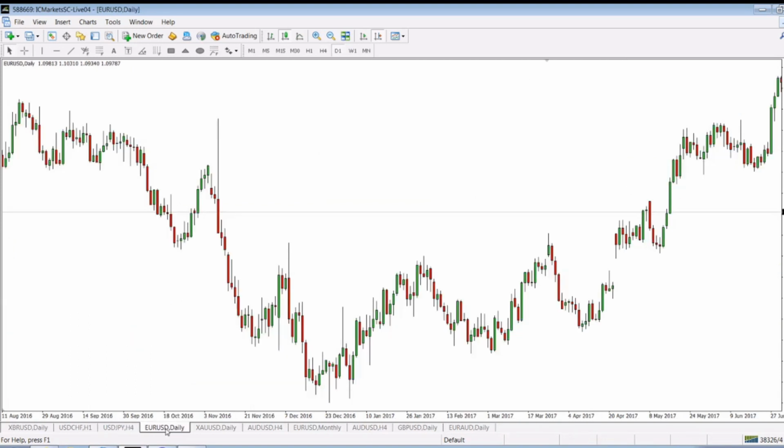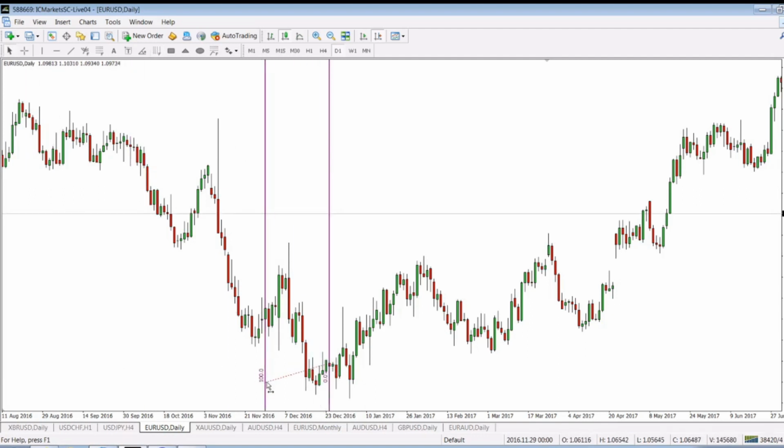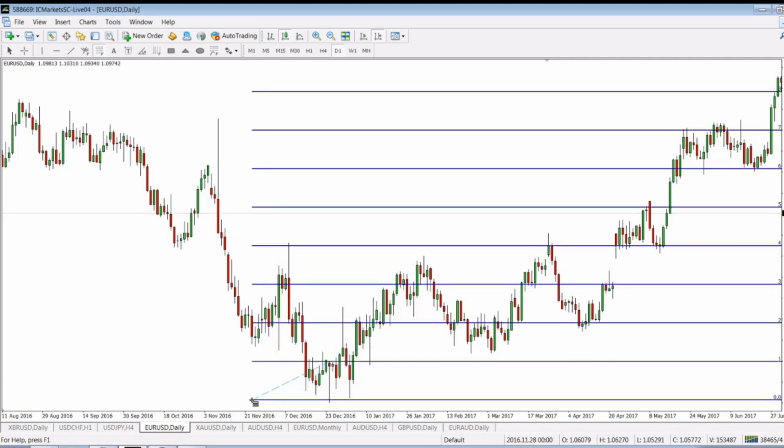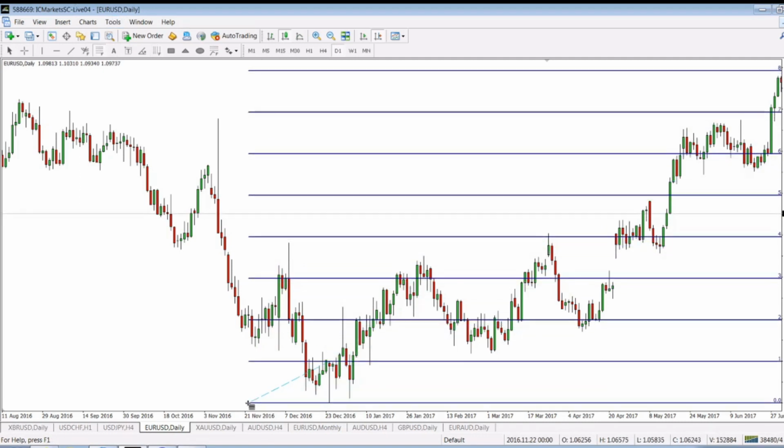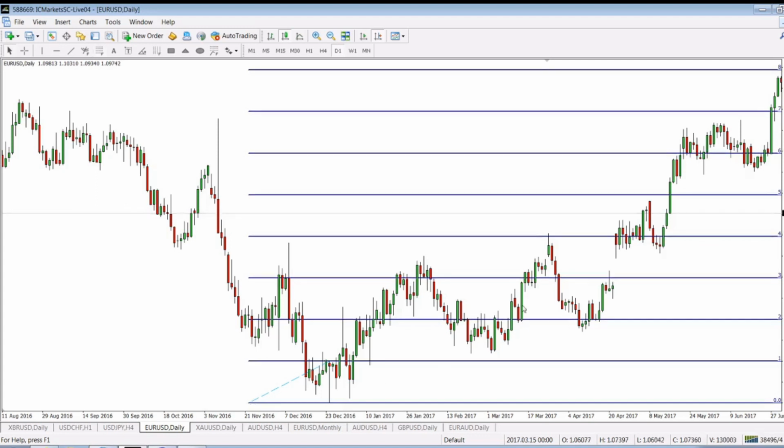Let's try another one. Let's try this one. So let's make the first candle or first leg. If we start from this pin over here, you will see where the market finds support levels.